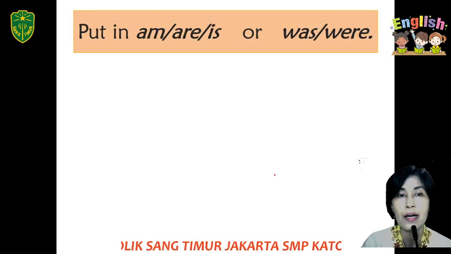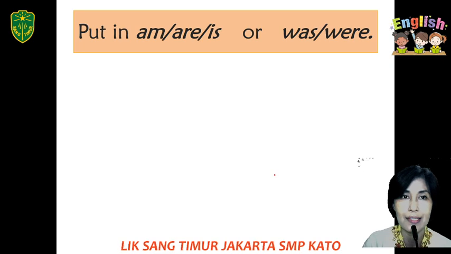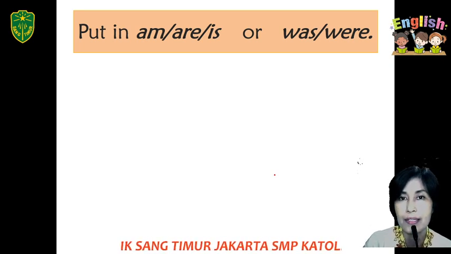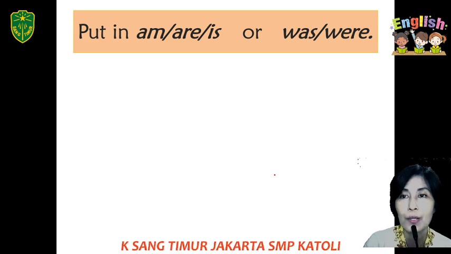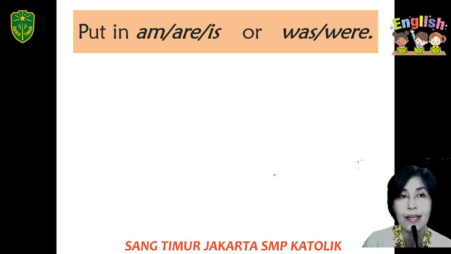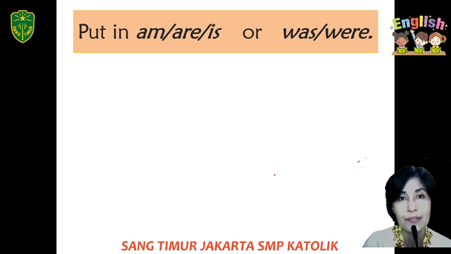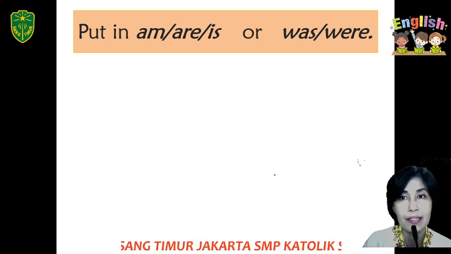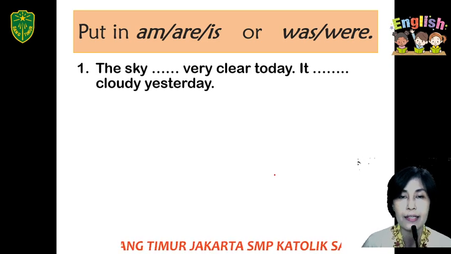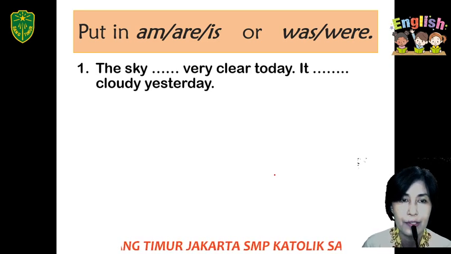Okay, now here you have some exercises. Put in am, are, is, or was, were. You have known that am, are, is for the present tense, and in the past tense you have was and were. Okay, this is the exercise for you.